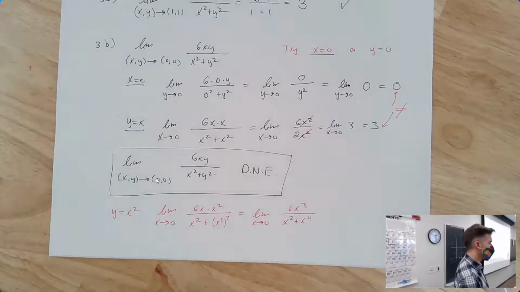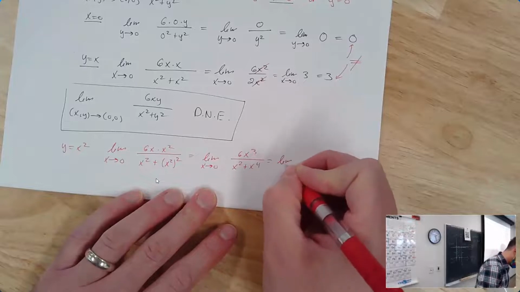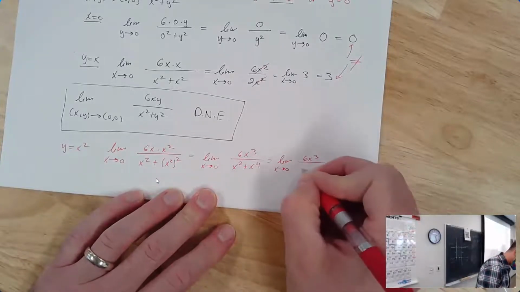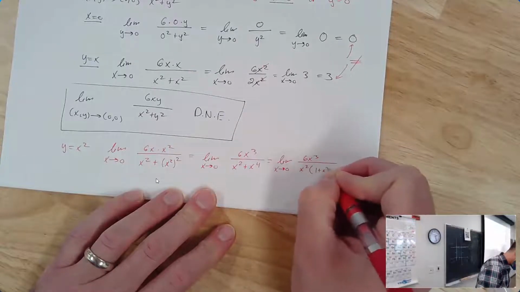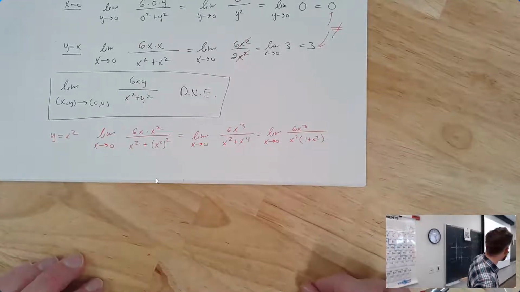Okay. So typically what you want to do in this situation is from the denominator, you want to pull out x to the lowest power. Meaning I'm going to factor out what from the denominator? Yeah, x squared. And when I do that, I have the limit as x goes to 0 of 6x cubed over x squared times 1 plus x squared.